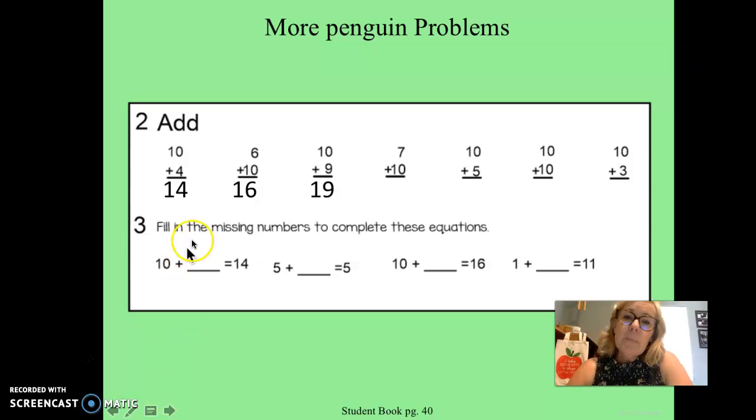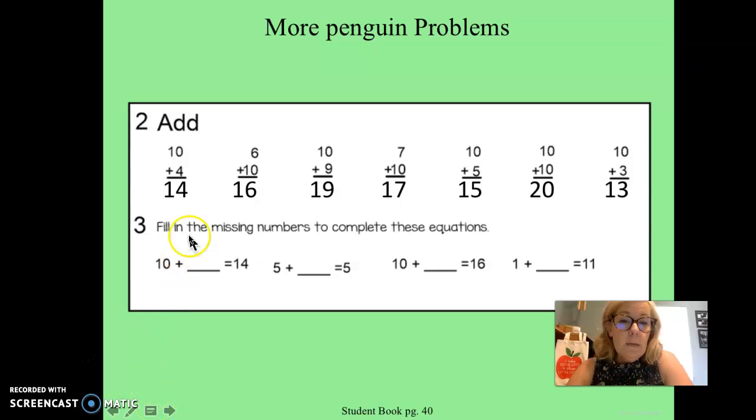Sorry about that. 10 plus 7 equals 17. 10 plus 5 equals 15. 10 plus 10 equals 20. 10 plus 3 equals 13.